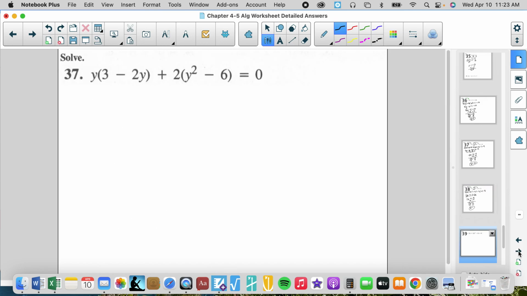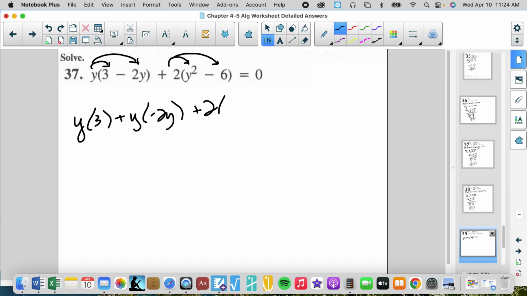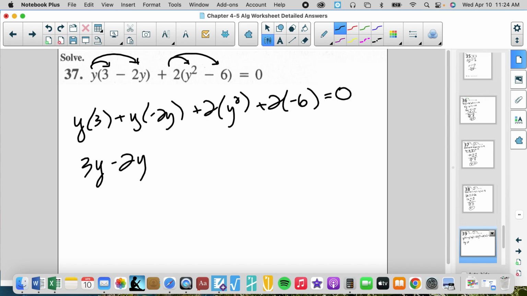Yep, that fast. Distribute the y, distribute the 2. We get y times 3 plus y times -2y plus 2 times y squared plus 2 times -6 equals 0. 3y minus 2y squared plus 2y squared minus 12 equals 0.